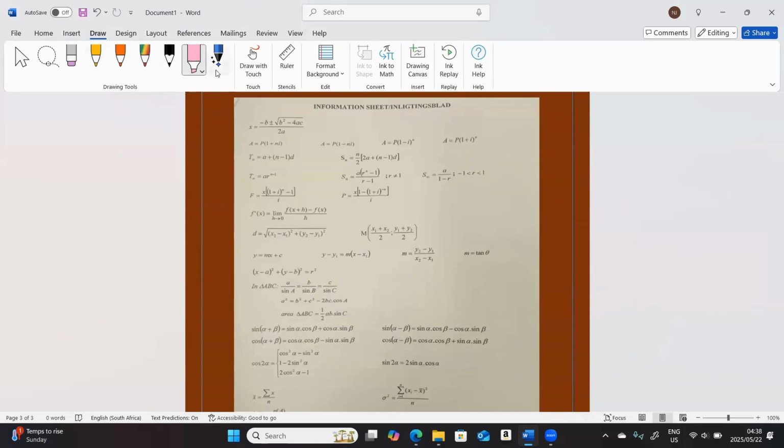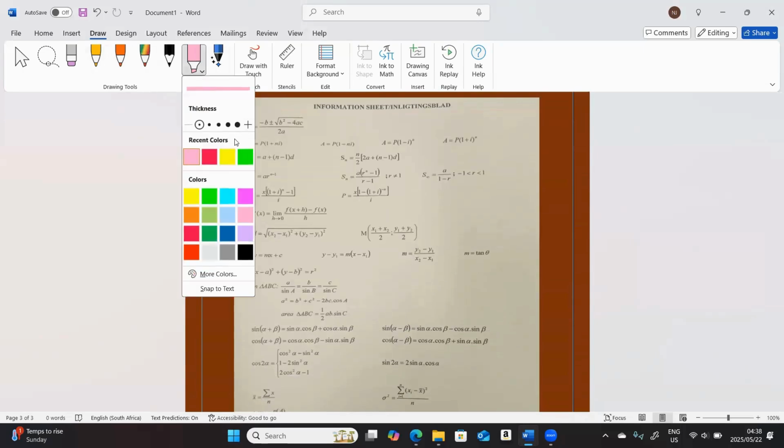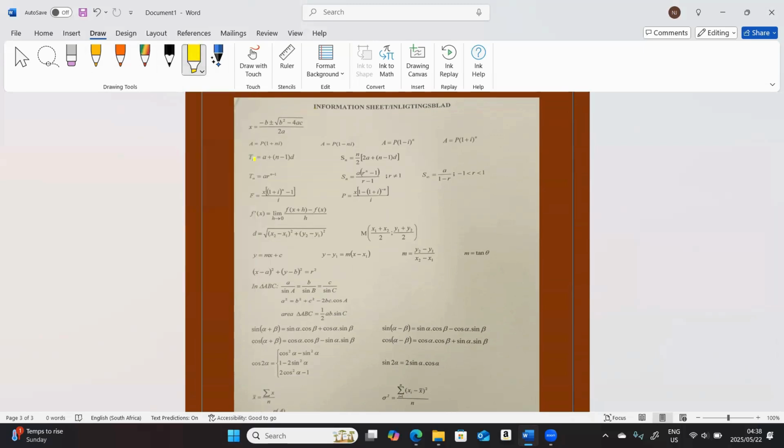For question 1, and I would advise you to highlight everything in different colors, we actually use the quadratic formula. So we highlight that in yellow. That is the quadratic formula, guys.